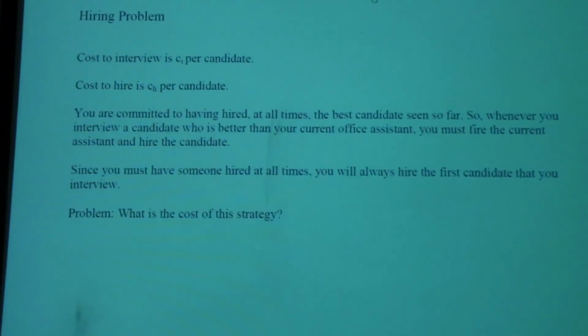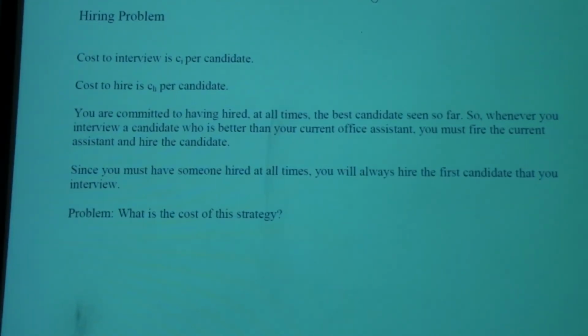The cost of our algorithm to hire the best person every single time is the cost to interview person i, which is CI, and the cost to hire is CH. But we're going to interview everybody. Since we interview everybody and we have n people to interview, n times CI will be the cost of interviewing all n people. But we're not going to hire all n people. We're only going to hire the people who are better than anybody we have so far.